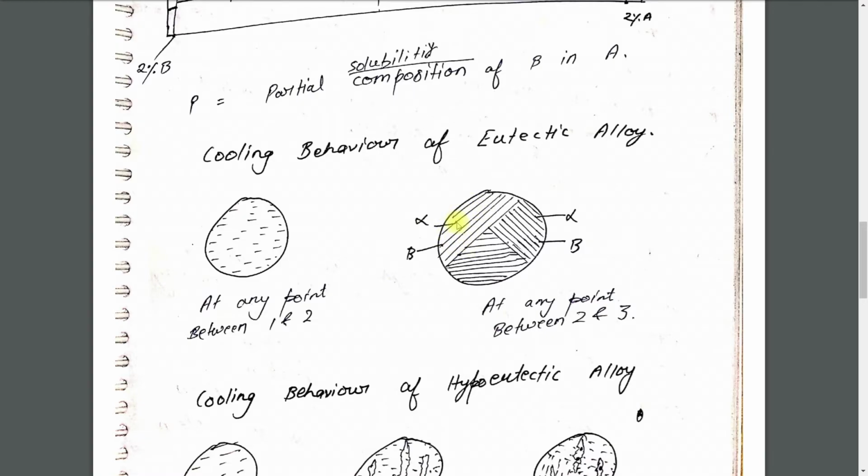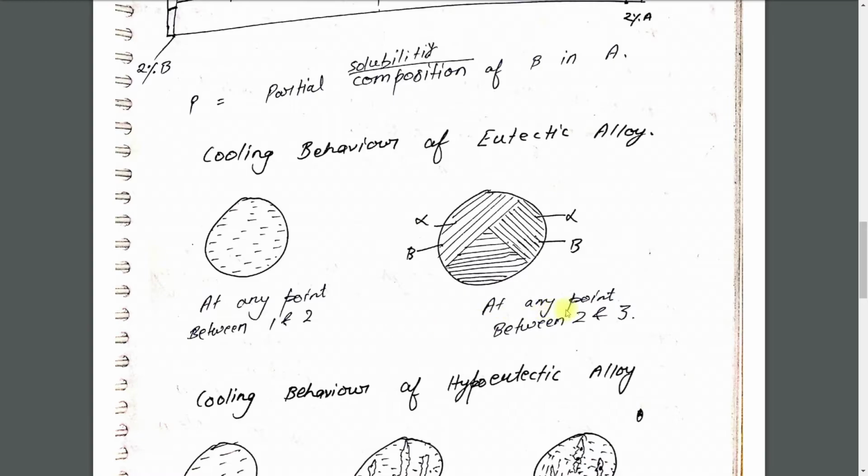They are a little bit mixing up with each other. So alpha has B at 5% and A at 95%. Similarly, the beta layer has B at 95% and A at 5%. We have already discussed that previously, so you can understand this diagram.